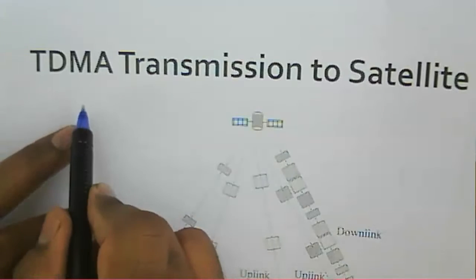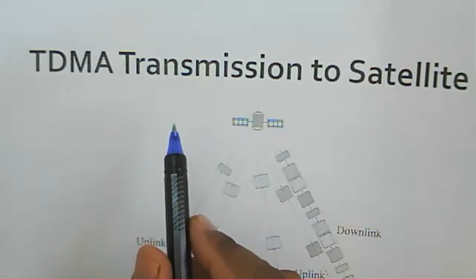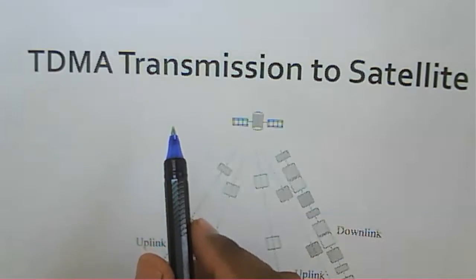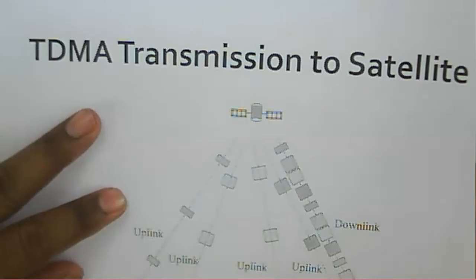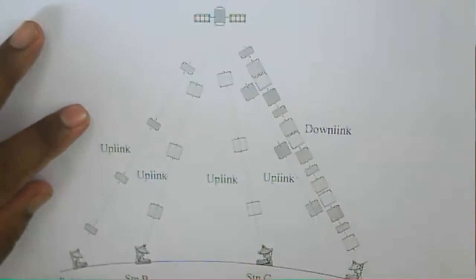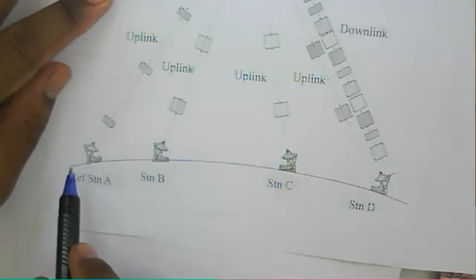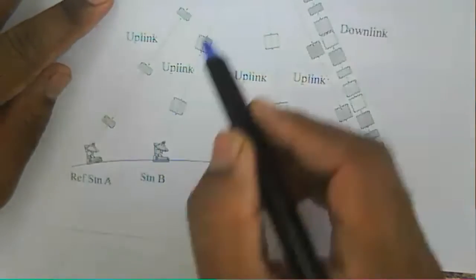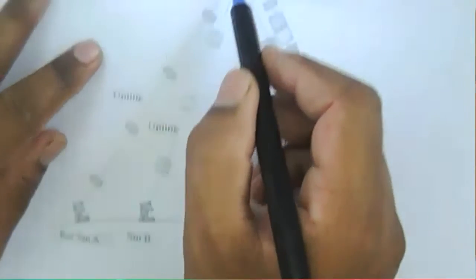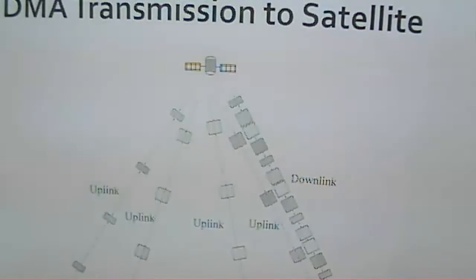TDMA transmission to the satellite. Here you see there are four Earth stations: one is a reference station, then station B, station C, and station D. And you have a satellite here.